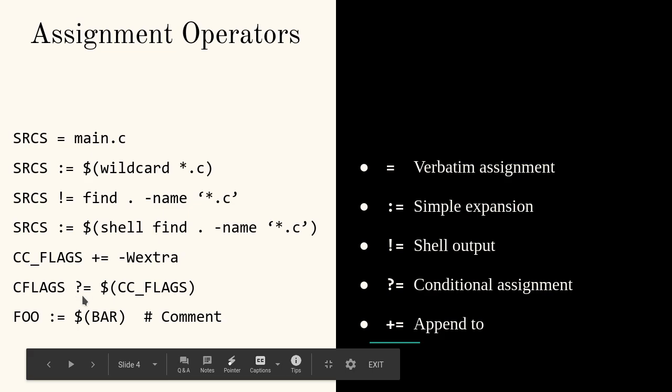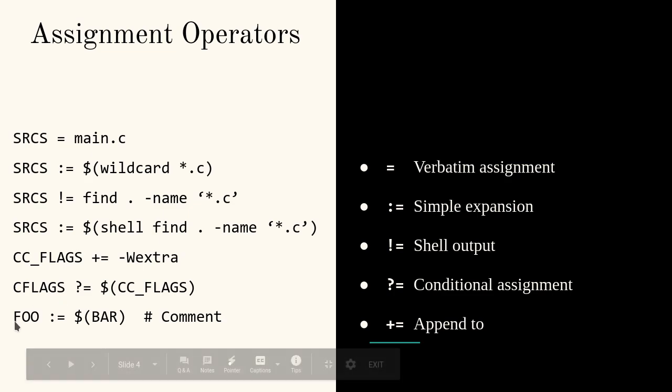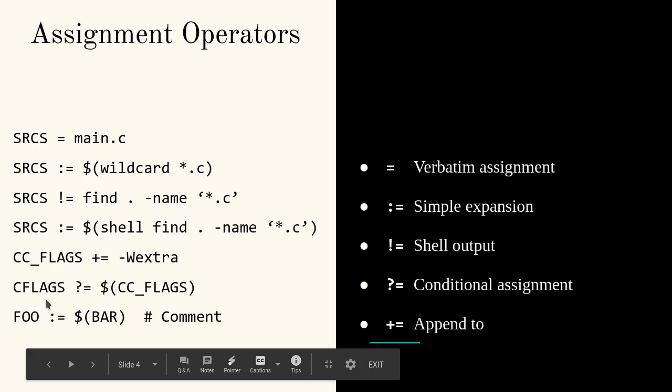This assignment operator is pretty cool. It's called the conditional assignment operator, and what it will do is say if CFLAGS doesn't exist, if it hasn't been defined and set a value, then it will assign CFLAGS whatever you've told it to.